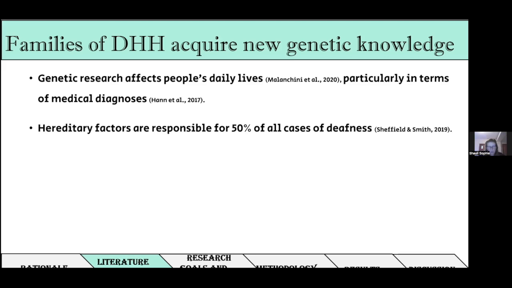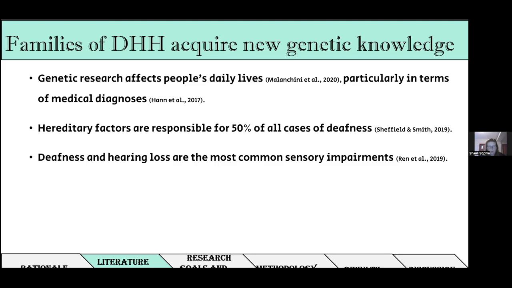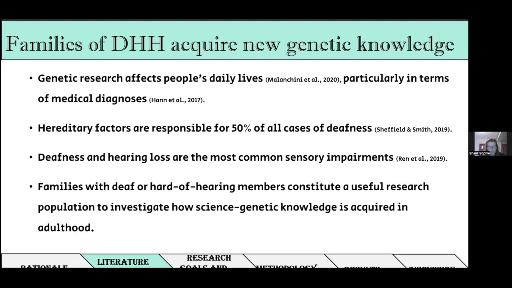It is estimated that about 50% of all cases of deafness are caused by hereditary factors. Plus, deafness is the most common sensory disability. Therefore, families with deaf or hard of hearing members constitute a useful research population to investigate how genetic knowledge is acquired in adulthood.